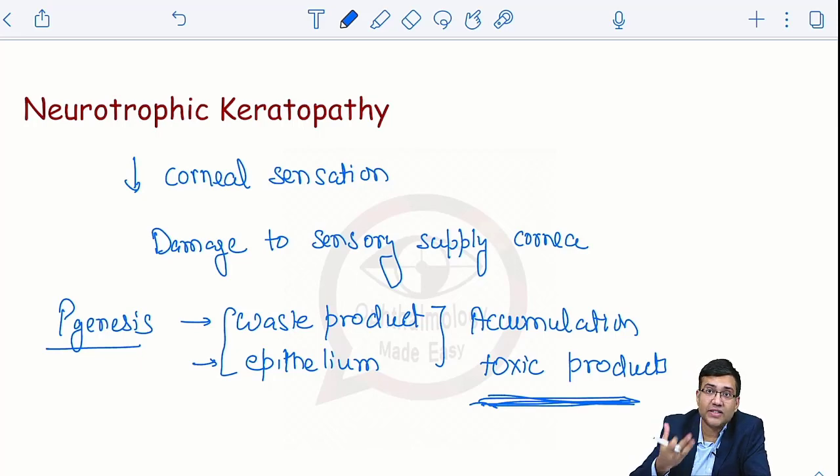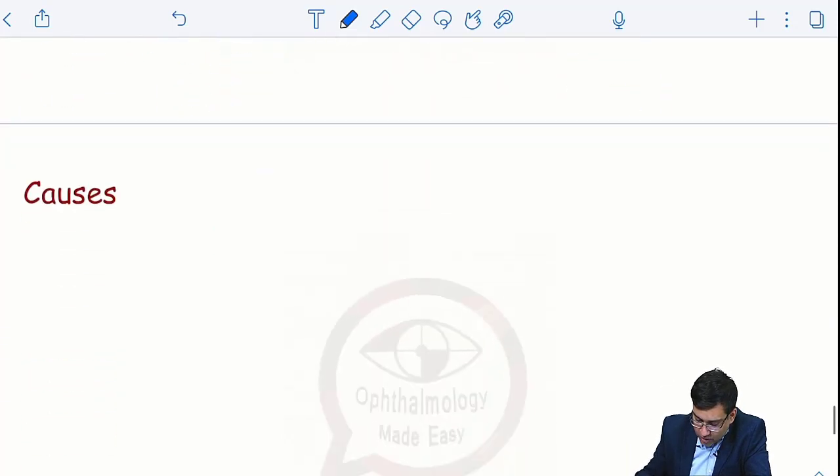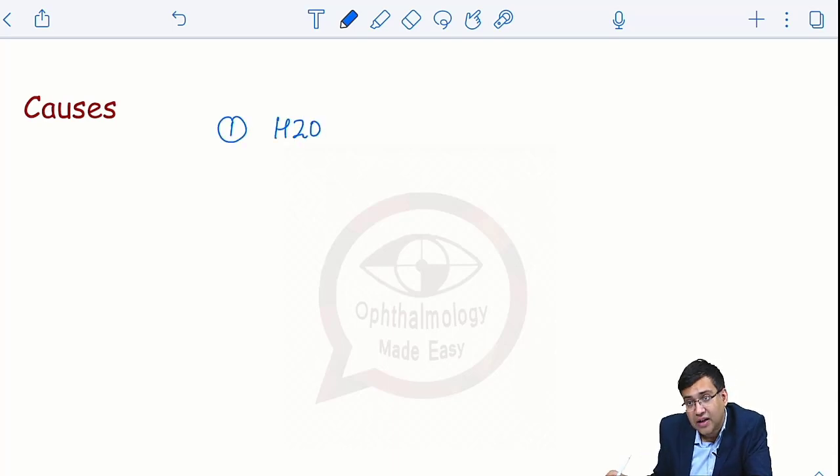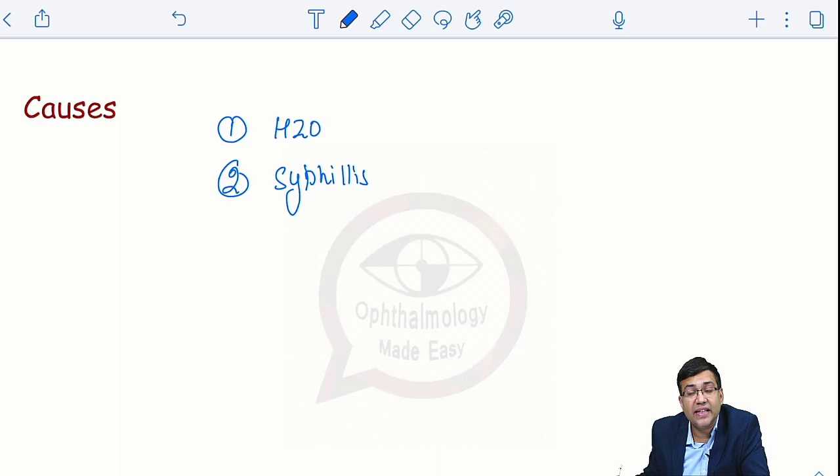So what are the causes of this neurotrophic keratopathy? You have to remember that any viral keratitis like herpes zoster ophthalmicus, and even cases like syphilis, which can basically damage your trigeminal nerve, can cause a neurotrophic keratopathy.